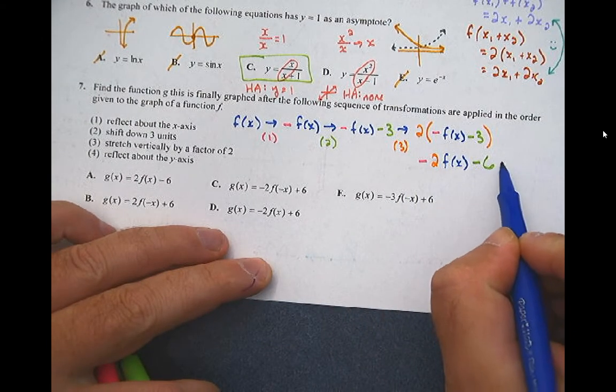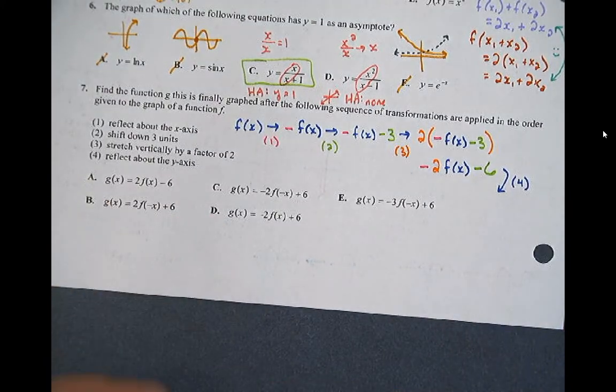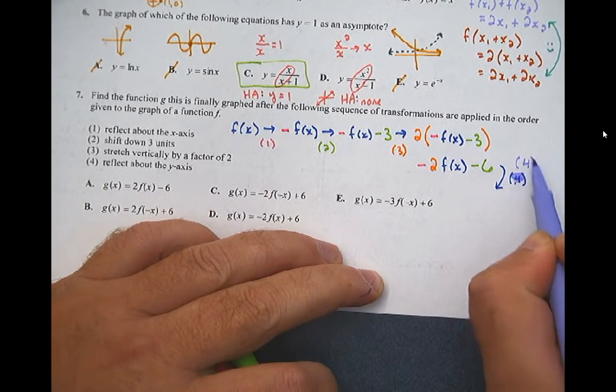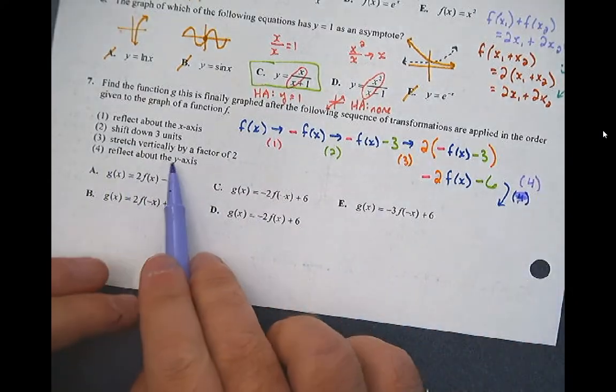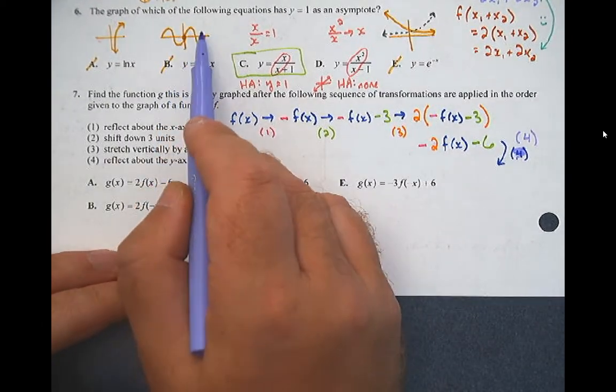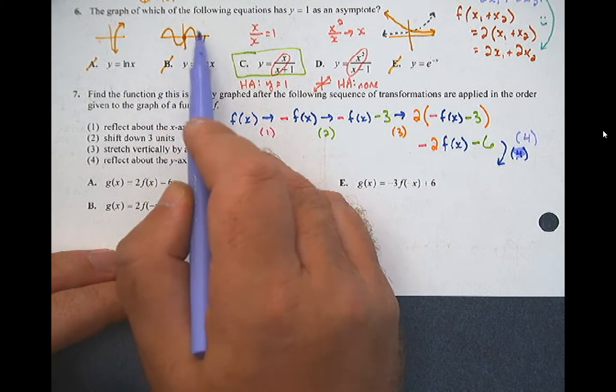Our last move, I'm going to go like this. I'm supposed to pick a different color, like a weird light purple. And then my last, reflect about the y-axis, so that means I'm going to flip across the y. So what's going to happen to these values, what's going to change those?